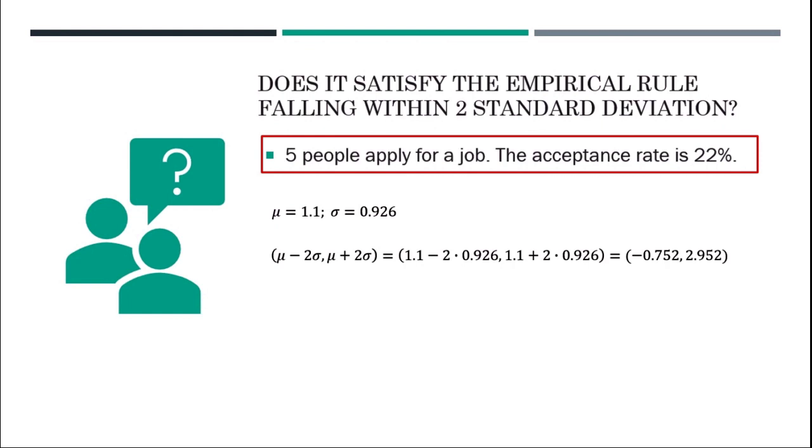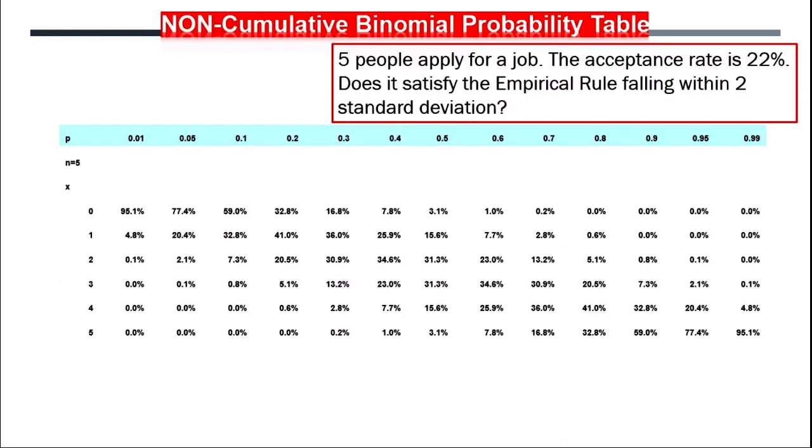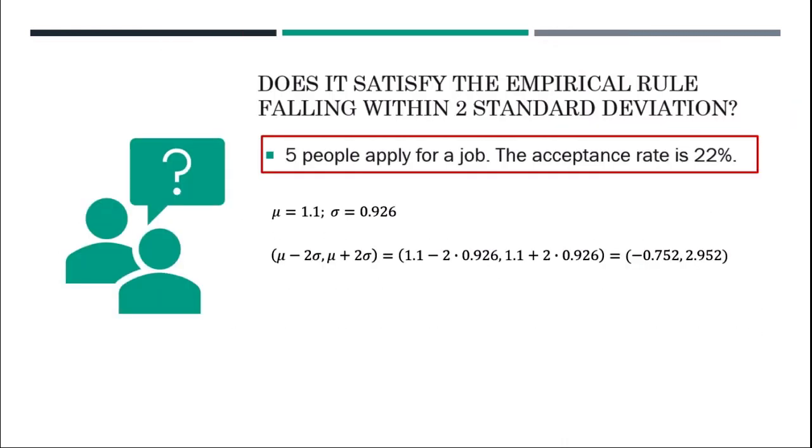Mu minus and plus 2 times standard deviation is negative 0.752 and 2.952. In this range, x can only be 0, 1, 2.